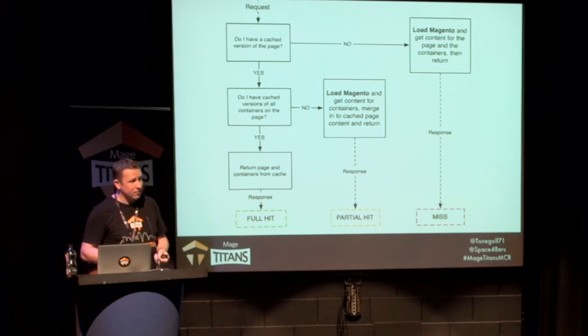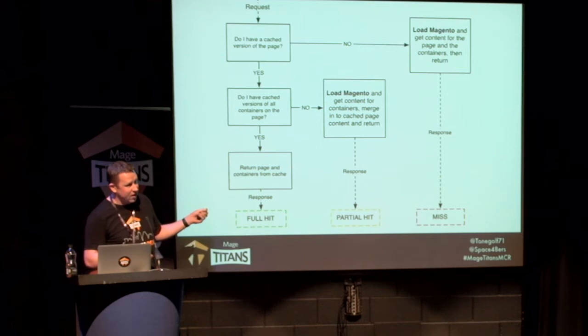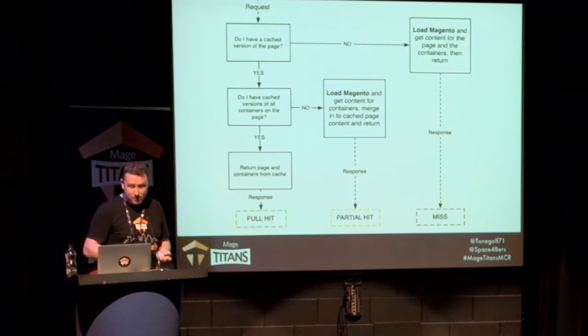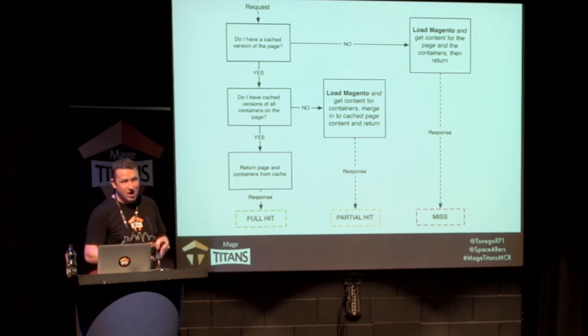If we do have this page content in the cache, then a secondary question is asked, do I have all the cached versions of all the containers on the page? Are they cached now? And if they are, fantastic. We can merge that content together and pass it back as a full hit. That's the fastest possible experience you can have.